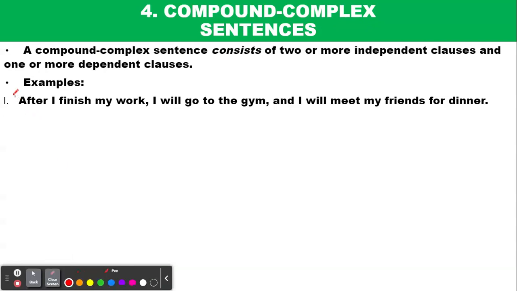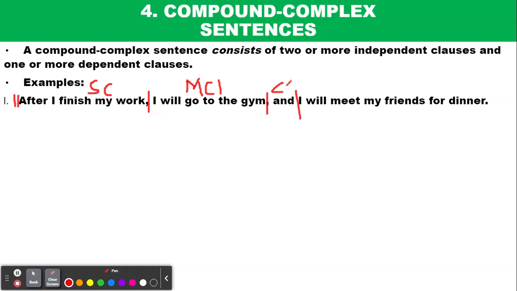So when we analyze this, after I finish my work is the subordinate clause. I'll go to the gym is one main clause. So we can call this MC1 since we have another one.